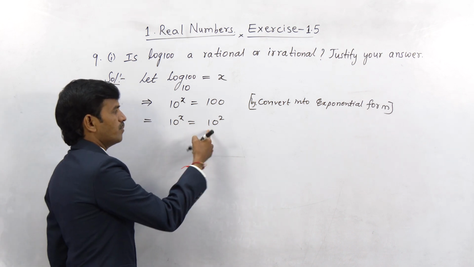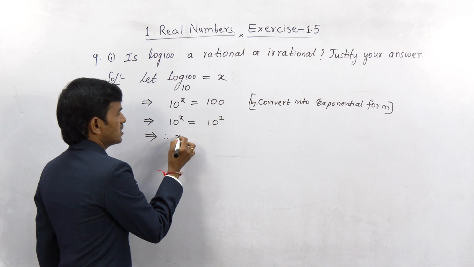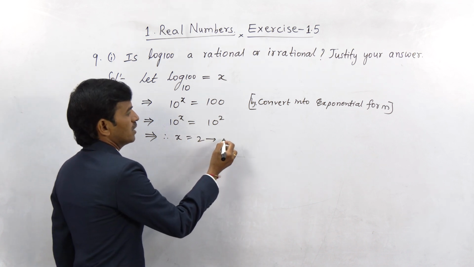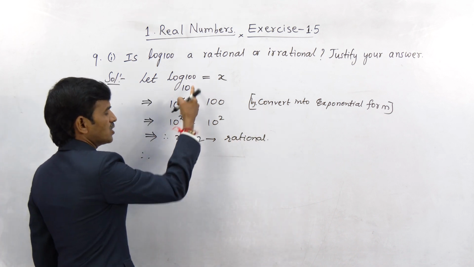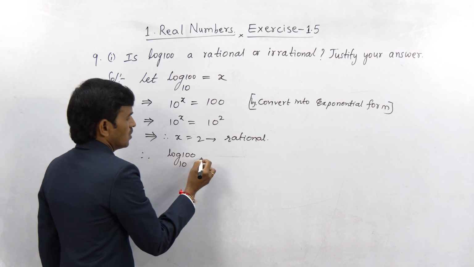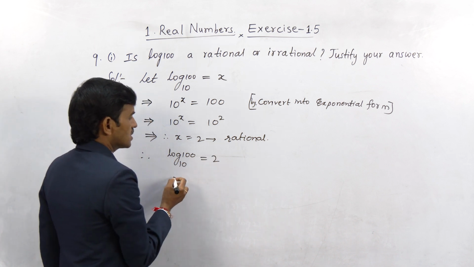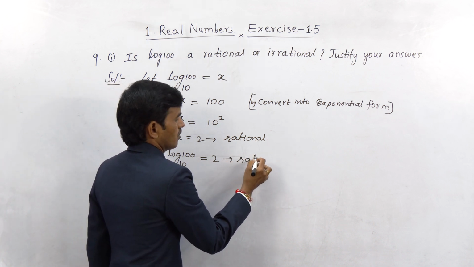As bases are same, powers can be compared. Therefore, x is equal to what does it become then? 2. What is 2 here? Rational number. Therefore, what is x we assumed here? Log 100 to the base 10, which is equal to 2. That is rational.